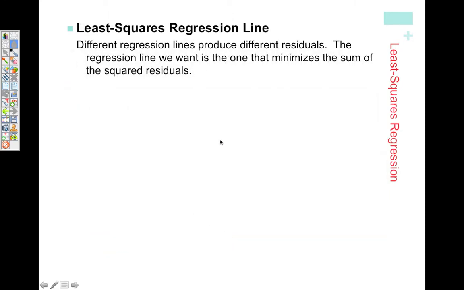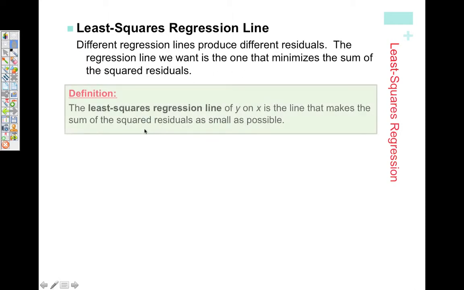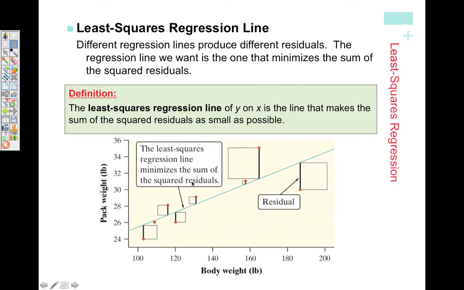Now, when we do regression, we're going to use least squares regression. We could draw different regression lines, but the least squares regression line is going to get the residuals as small as possible. The reason we use squares is because, remember, we have some positive, some negative residuals.